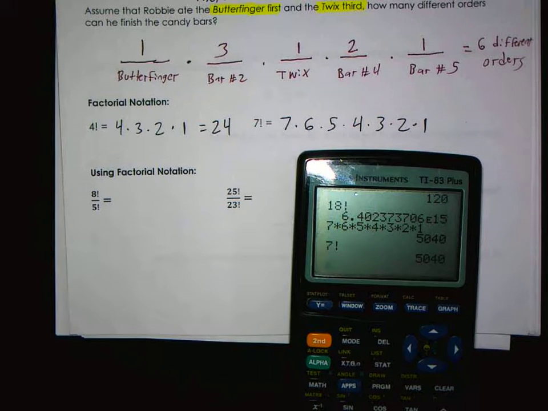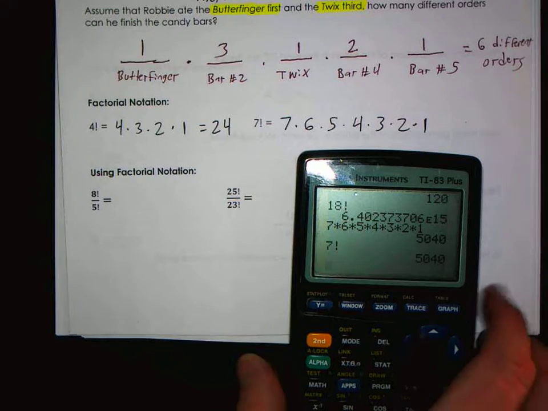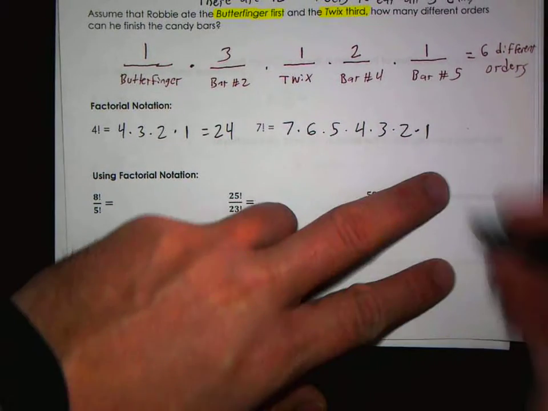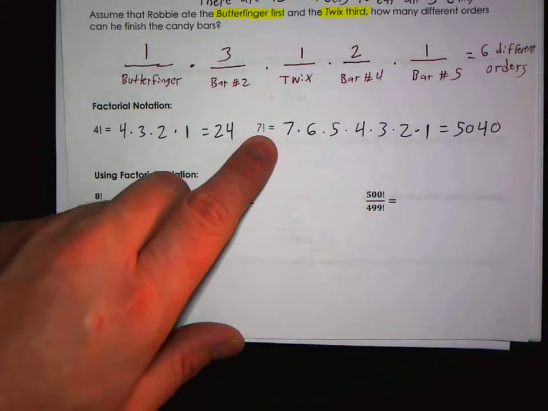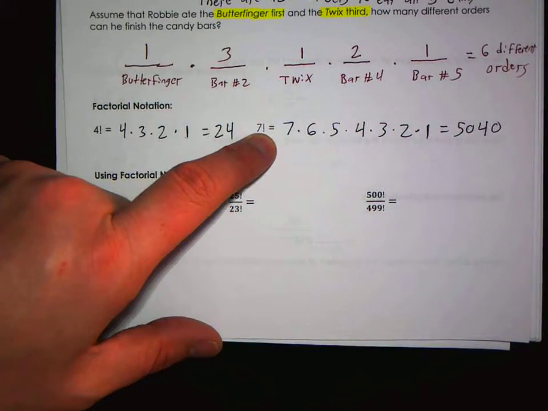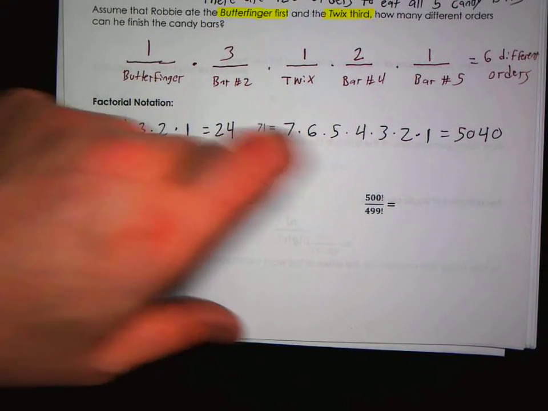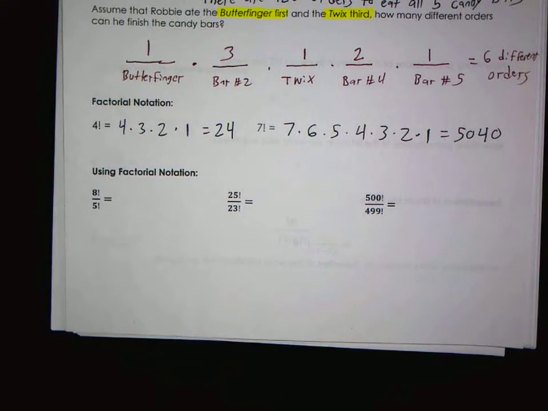So factorial is just a way of saying, take 7 times every number minus 1, minus 1, minus 1, until you get to 1. So that's saying if we had 7 different candy bars, when we were to do the same problem, we would have 5,040 different orders.